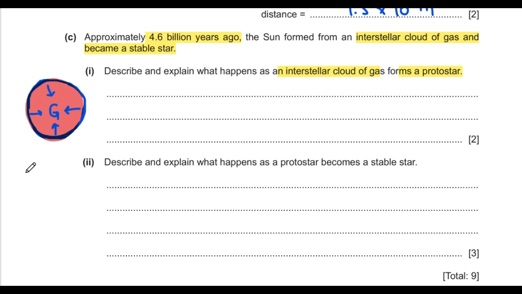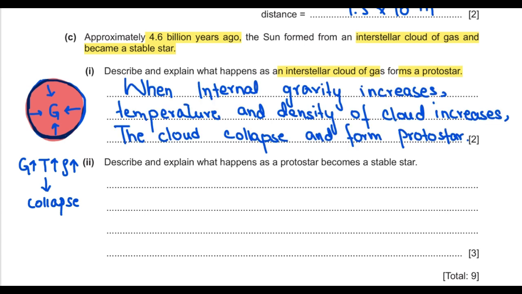So, when this gravitational attraction increases and becomes stronger, the temperature of the cloud increases. The same happens with the density, which also increases, and the increase in density makes this cloud collapse and form a protostar. So the answer is when internal gravity increases, the temperature and density of the cloud increase and the cloud collapses and forms a protostar.